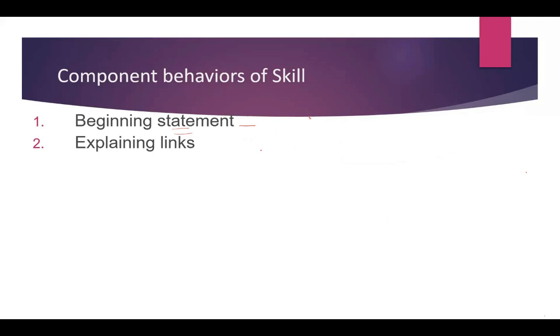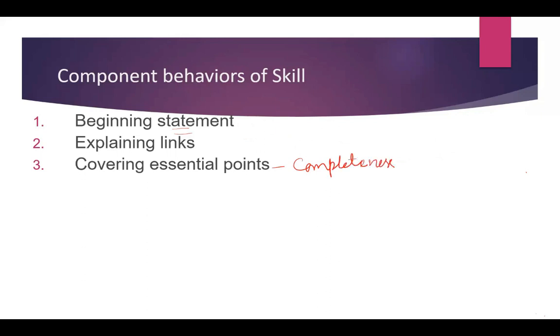After that we have one more component, covering the essential points, which leads to completeness: whether our explanation is complete or not. Our explanation should be complete in every aspect, which means it should cover the important points of that content or topic.